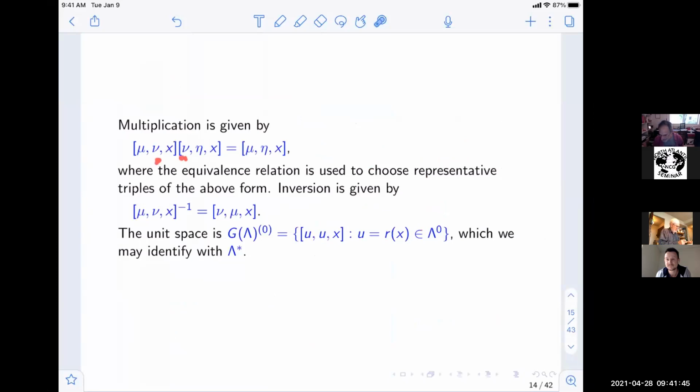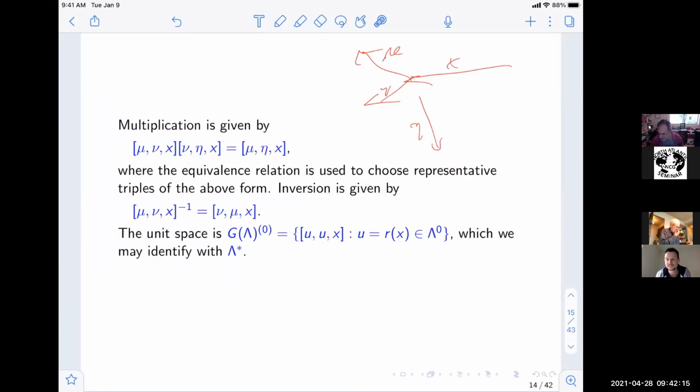Multiplication, well, so you should have the matching coordinates here. And the idea, again, is, let's see. So here's, say, mu eta x, and maybe we have another one. Oh, sorry, I usually use mu and nu. And this might be eta.